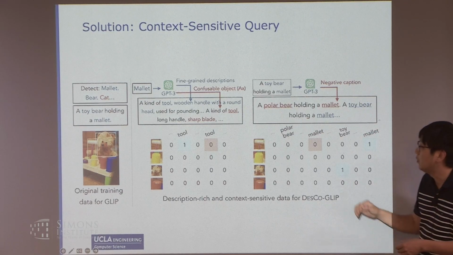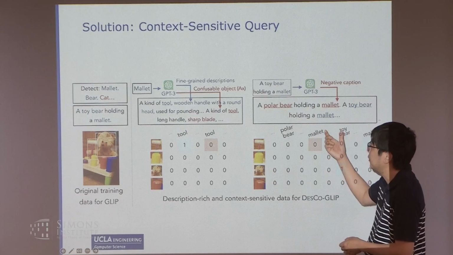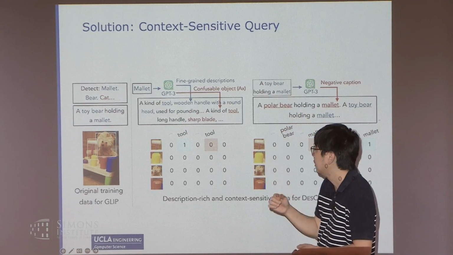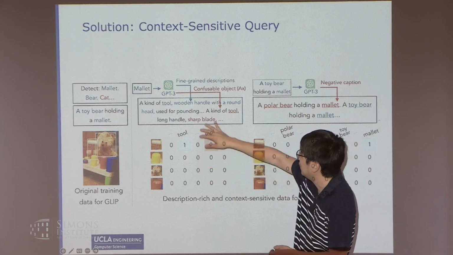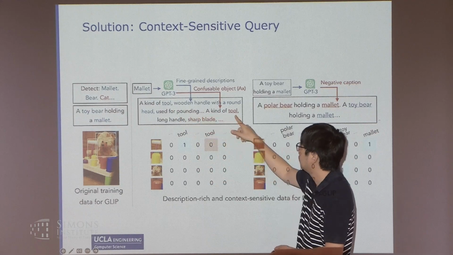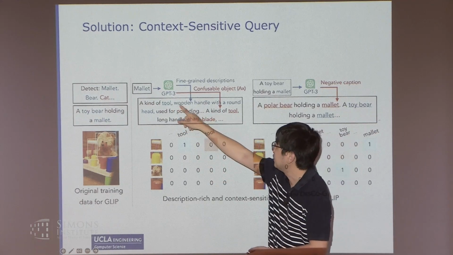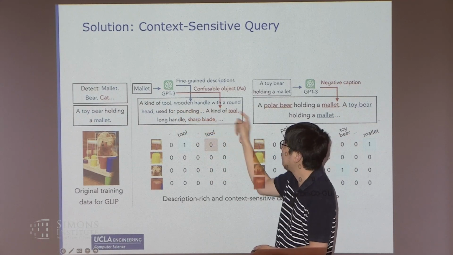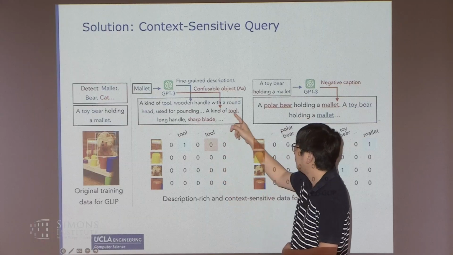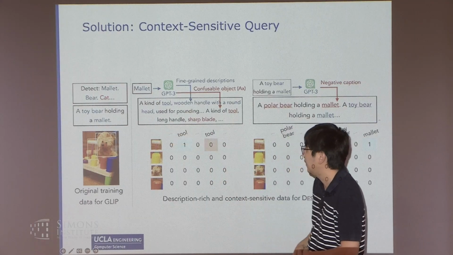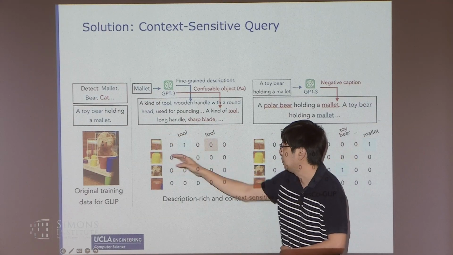Then when you try to do the alignment between the phrase and the object, you face this situation. For example, here you have two instances of the word tool, but one has a description saying it is a wooden handle with a round head, the other has a description, long handle, sharp blade. So one is aligned to this image, another is not.